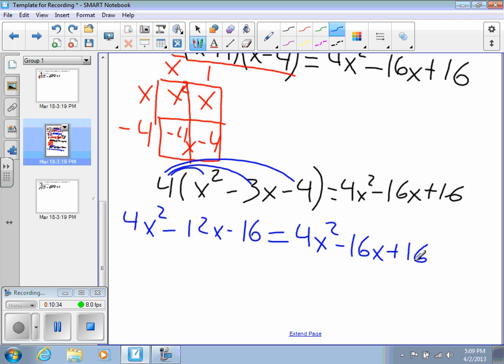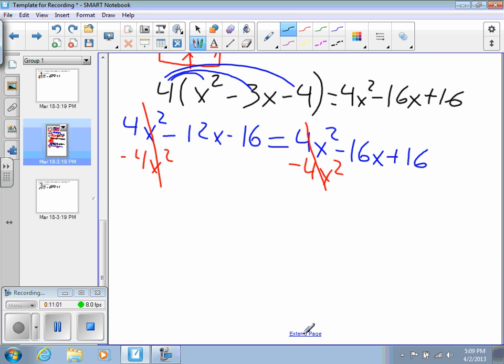So first thing is, let's take care of these x squareds, and I'm noticing they're going to cancel out. Let's go ahead and subtract 4x squared from both sides. Minus 4x squared, minus 4x squared. And when I do, it's going to cancel here and it's going to cancel here, giving me a somewhat simpler equation. Let's extend the page again.